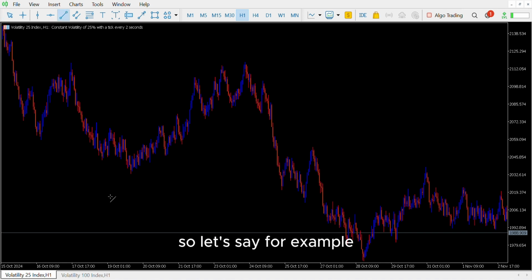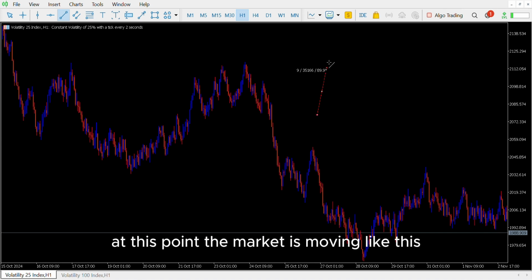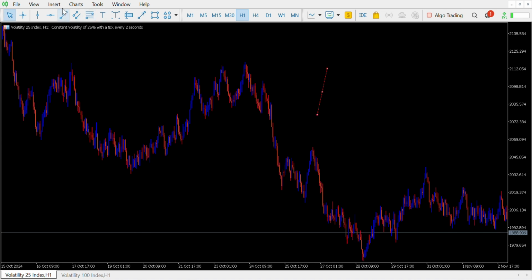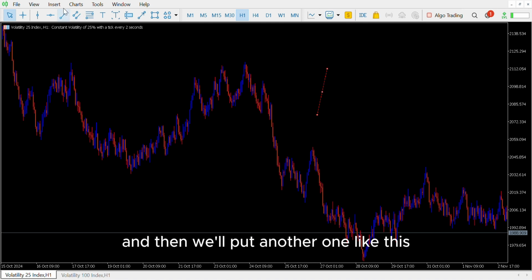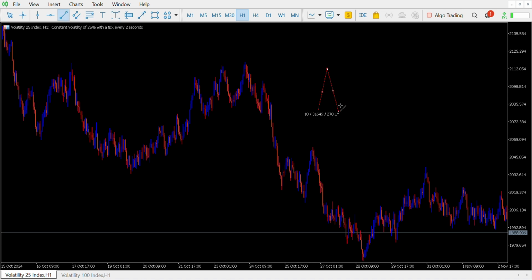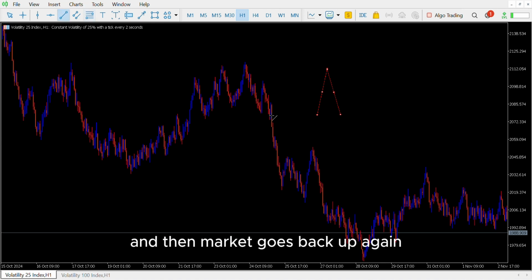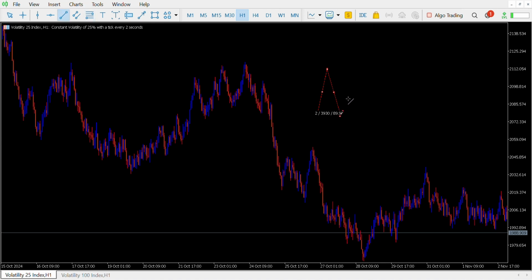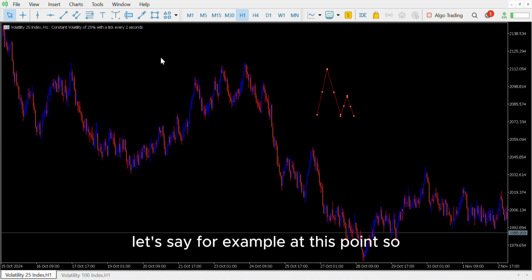So let's say, for example, at this point the market is moving like this, and then we'll put another one like this, and then the market goes back up again, let's say for example at this point, and then it comes back again, let's say for example at this point.